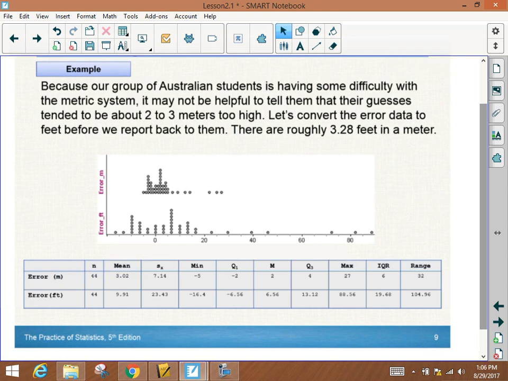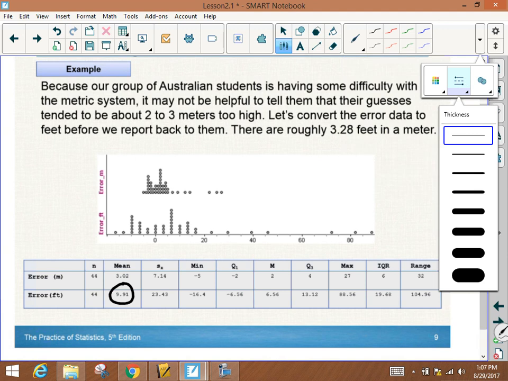So what are we seeing? Obviously, our number of data points n stays the same. Our mean, however, has been changed, by a factor of 3.28. Right here, we see that that's been increased by a factor of 3.28.